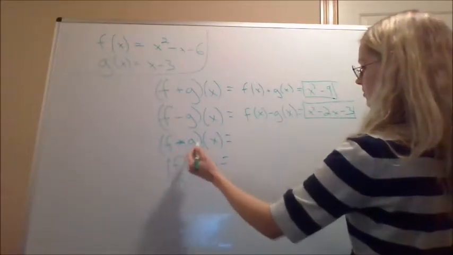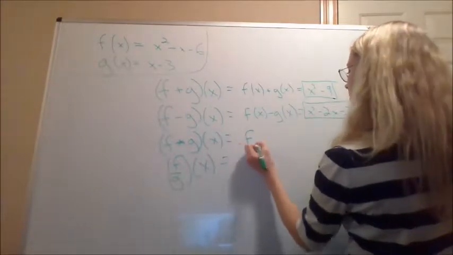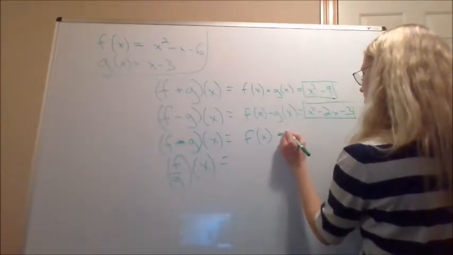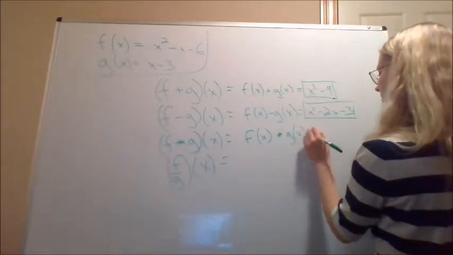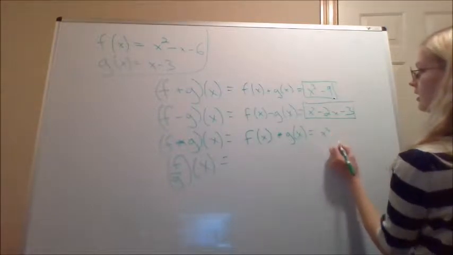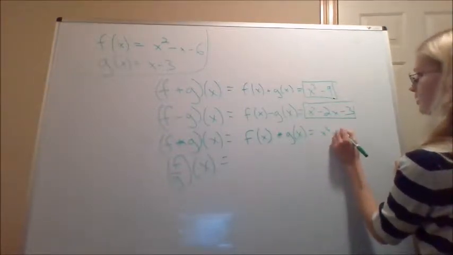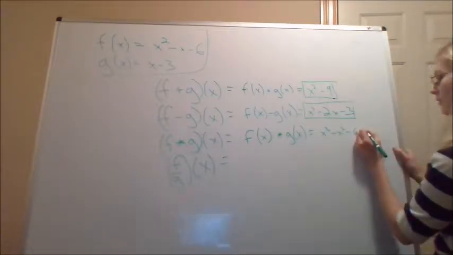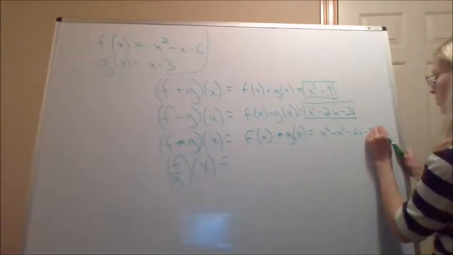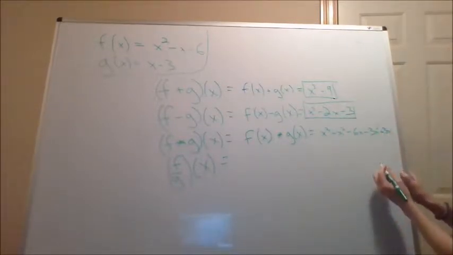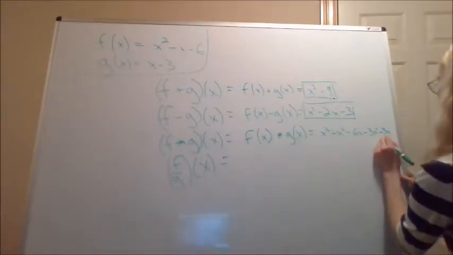Now on to f times g of x, which we know is the same as f of x times g of x. So if we look at our functions here, x to the third minus x squared minus 6x minus 3x squared plus 3x, running out of room, plus 18.